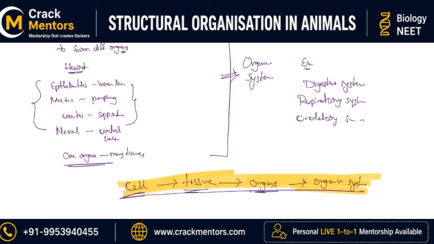This can be compared, for better understanding, to workers in a factory. The workers are grouped into departments. Then we have machines, we have a factory head and all. All these people work together and help in running a successful factory.